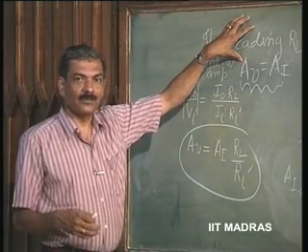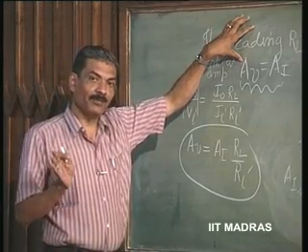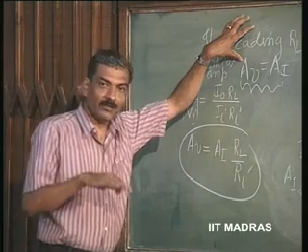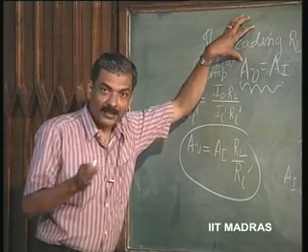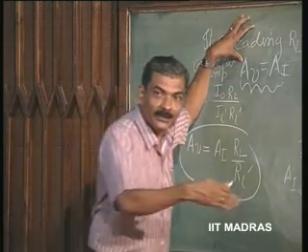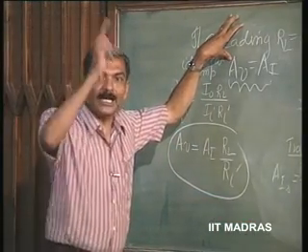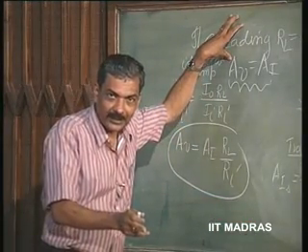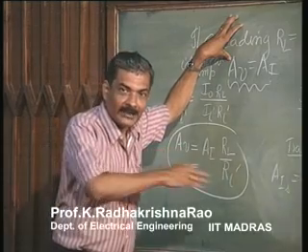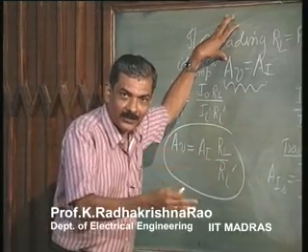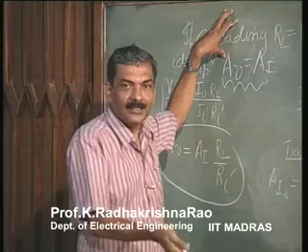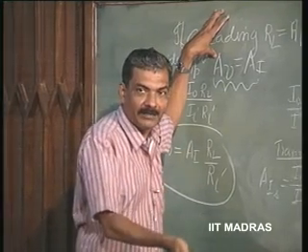Therefore, I must not cascade amplifiers which give either voltage gain or current gain if I am using identical stages. I must use amplifiers which give both voltage gain and current gain, so that when I cascade, the current gain becomes equal to the voltage gain and is greater than 1, and therefore, subsequently it will give you power gain.